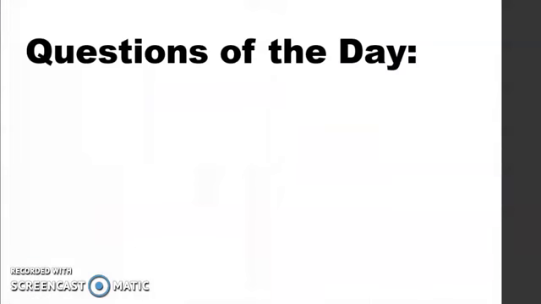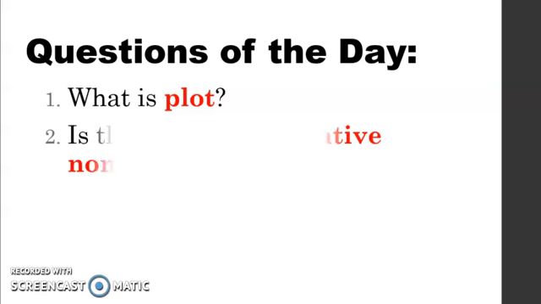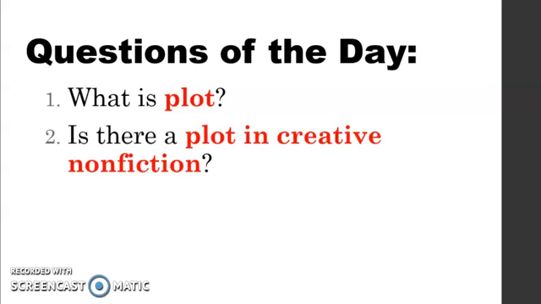So, to end this lesson, let us have a recap. Plot, as we all know, is a sequence of events that has a beginning, middle, and an end. And yes, just like fiction, there is plot in creative nonfiction.